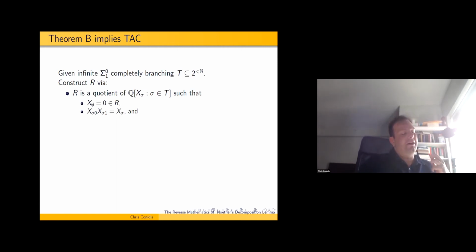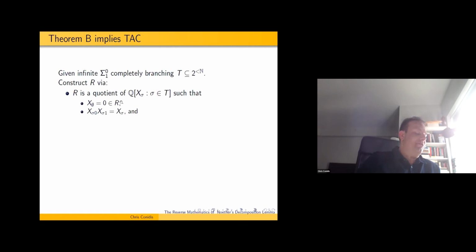I won't give the full proof, but you might find it believable that one corollary of these first two bullet points is that a finite covering of my tree is the same thing as a finite covering of all of Cantor space. If you have a finite covering of the entire tree, the ring elements associated to that finite covering are going to multiply to 0. That just follows from these first two bullet points.